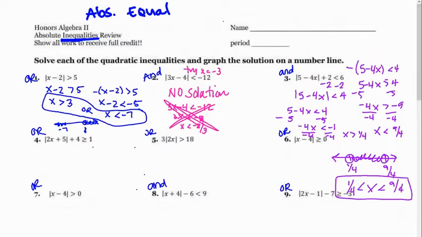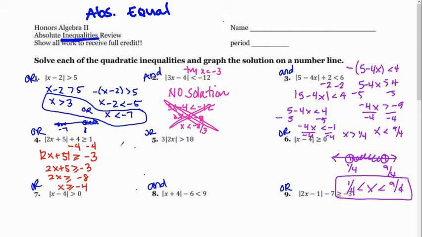All right, let's see another color I can use here. This should be an "or" statement. First I need to negative 3. And now I can go ahead and do my two different pieces. 2x greater than or equal to negative 8, x greater than or equal to negative 4.